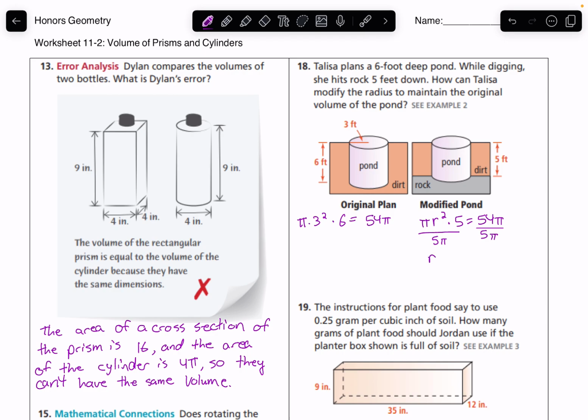And we get that r squared needs to be equal to 10.8. So then we take the square root of both sides, and we find that r needs to be equal to 3.29. So the new radius needs to be 3.29 feet in order for the volume of the pond to be the same.